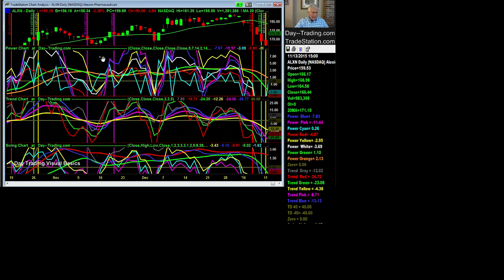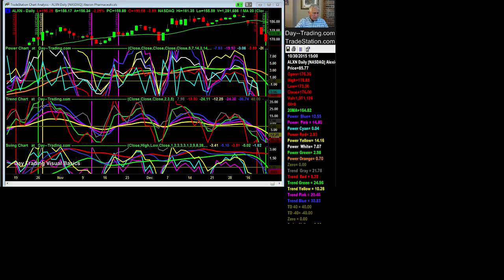As I indicated before, the trend chart moves faster than either the power or the swing chart long-term lines. And on the left pink line here, the trend trio has crossed under zero.